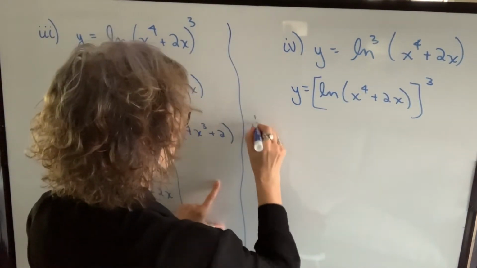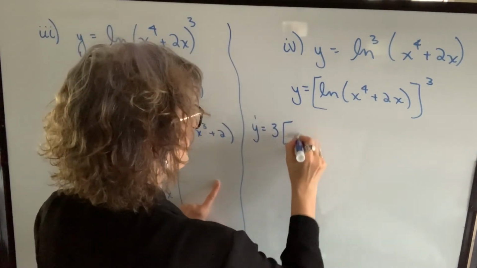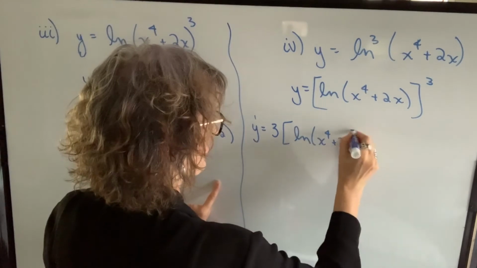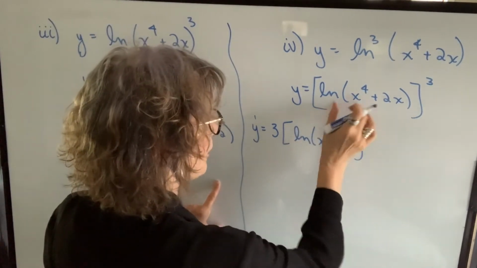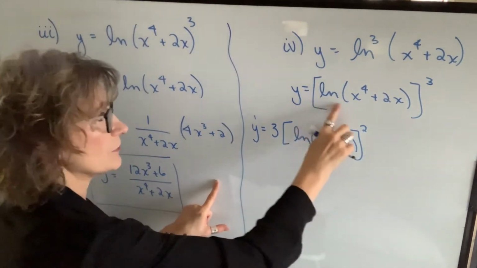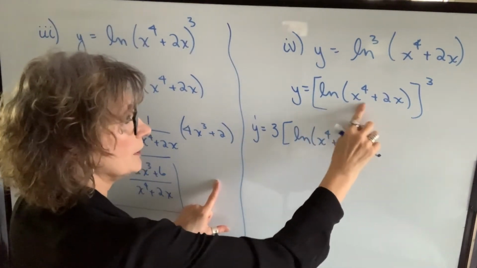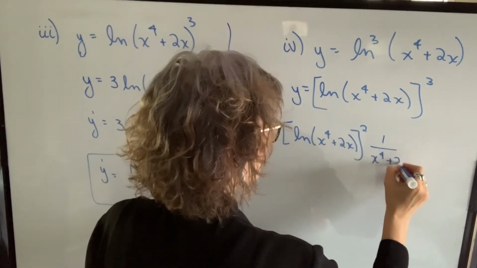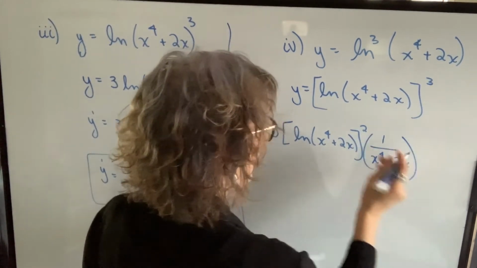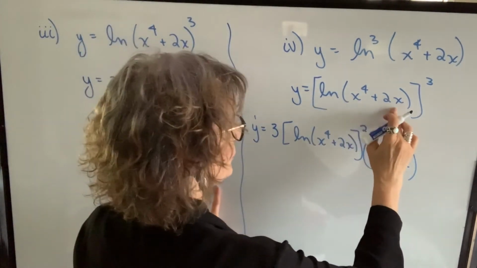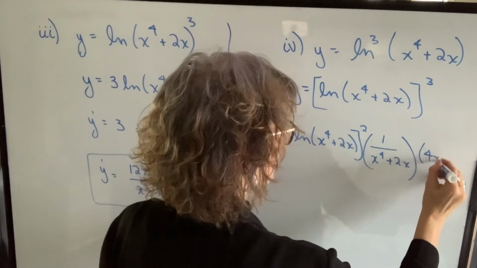So the derivative will be 3 times this function to the power of 2, and now I go inside the power and multiply by the derivative of this function. So the derivative of natural log of this is 1 over x to the 4th plus 2x. And then I go inside the natural log function and multiply by the derivative of this polynomial. And that will be 4x cubed plus 2.